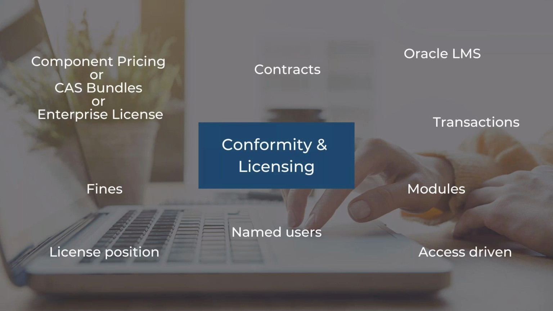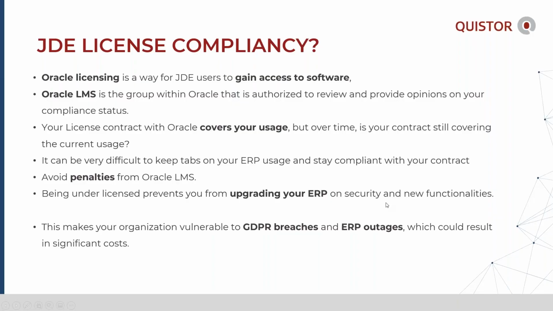If it comes out that you are using modules which you don't have in your contract, for sure, you need to buy these contracts for the list price, which is not the nicest part. But secondly, you get a penalty on this kind of thing. So it is quite important to follow up in your system what you are using, and if that's still in line with your licenses.